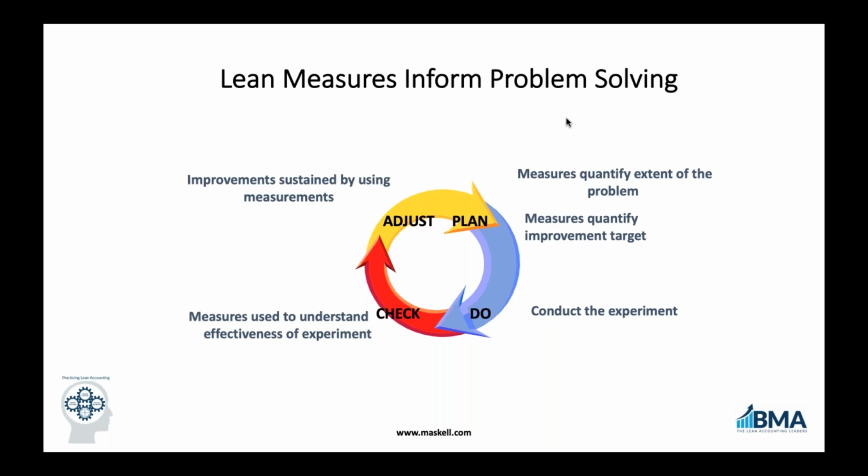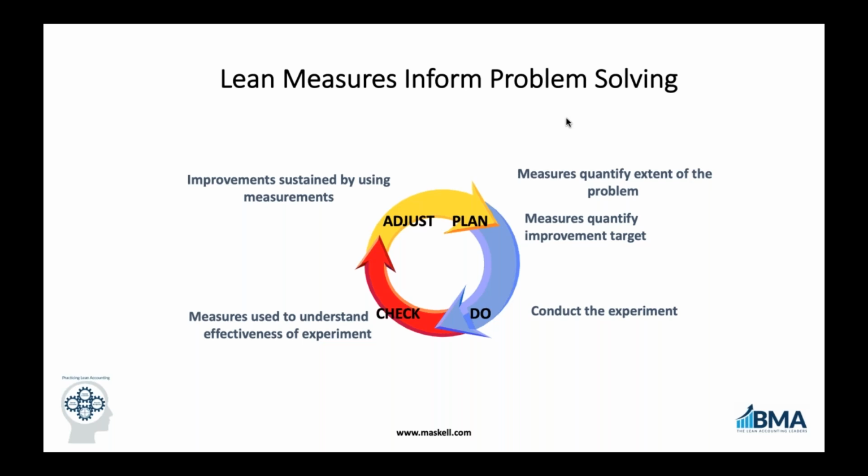And then you use measurements to understand if your improvements are being sustained. So continuing with this defect analogy, our improvement event got us to 27%.